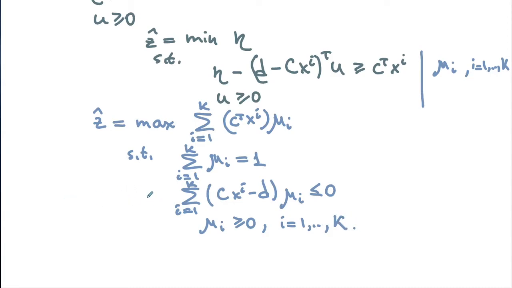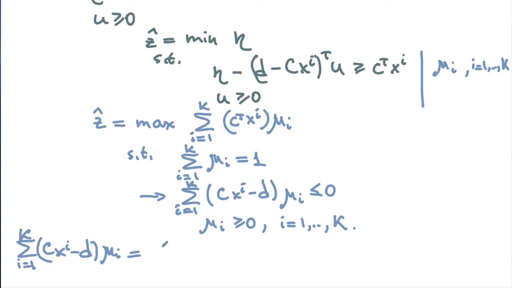Now let's look at this constraint right here closely. So we have the summation of (Cxi minus d) multiplied by mu i.